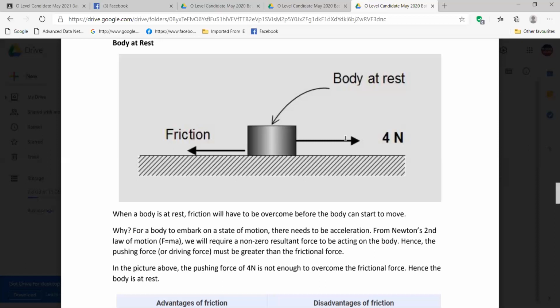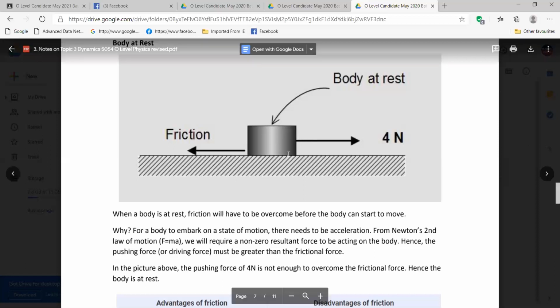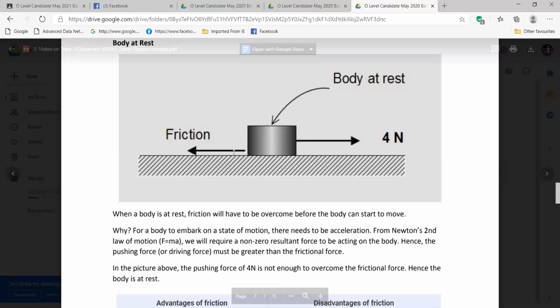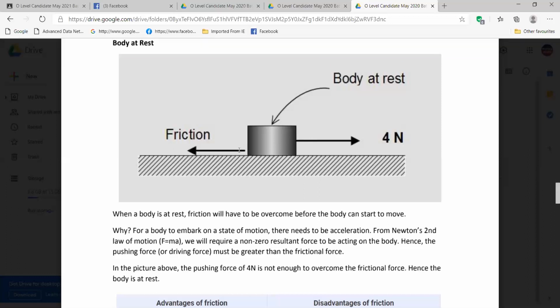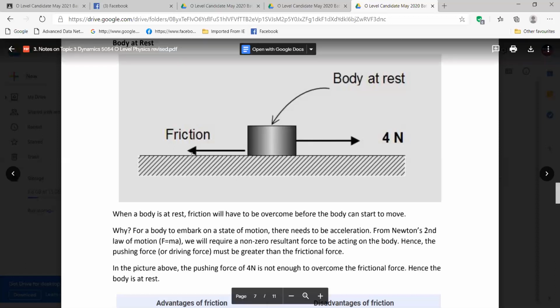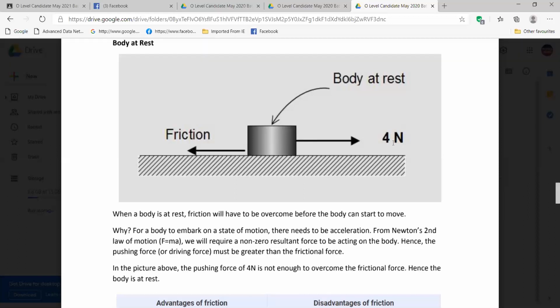Like when it's pulling with 4 Newton, it's also facing a resistive force or frictional force of 4 Newton with its surface. That's why this forward force and backward force are equal and opposite, right? They are balanced.